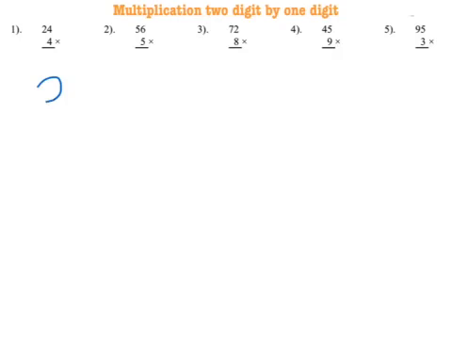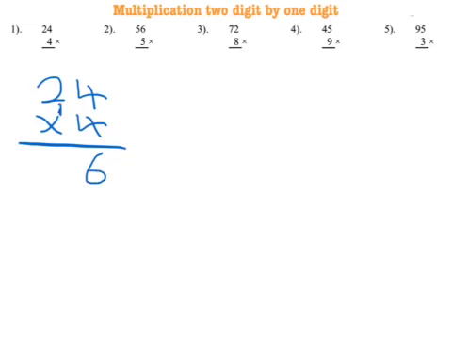Question 1. We've got 24 multiplied by 4. So if we do the traditional method, what we need to do is take this number and multiply each of the digits above it. So I've got to do 4 times 4, and then I've got to do 4 times 2. So 4 times 4 gets us 16. I need to carry the 1.